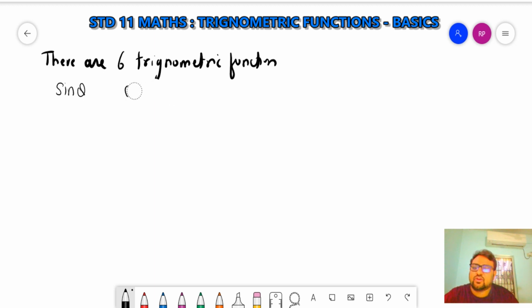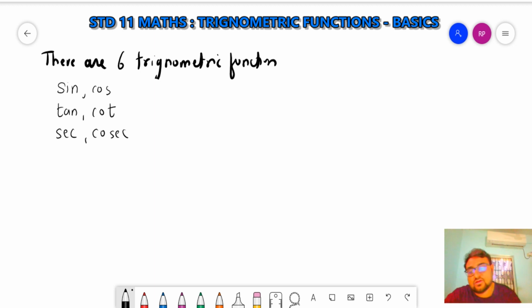Or when I'm writing trigonometric functions, I will just write them this way: sin, cos, tan, cot, sec, and cosec. Okay, actually, when I say sin, I mean sine, and cos means cosine.